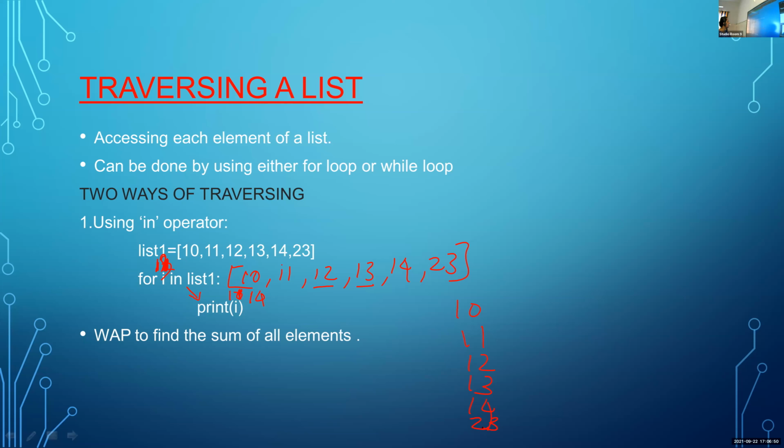First, you want to create a list like this. list1 is equal to 10, 11, 12, 13, 14, 23. That is the first statement. Then you want to calculate the result of 10 plus 11 plus 12 plus 13 plus 14 plus 23. That is the question. Sum of all elements in that list. You want to add 10 plus 11 plus 12 plus 13 plus 14 plus 23. So first you want to create a list using list1 is equal to, within square brackets, give some values.